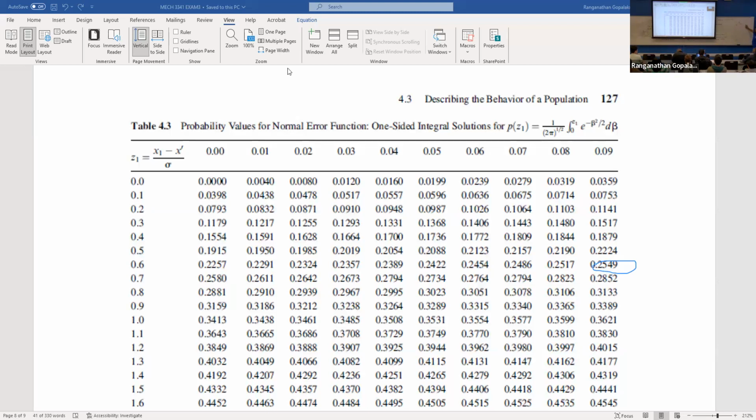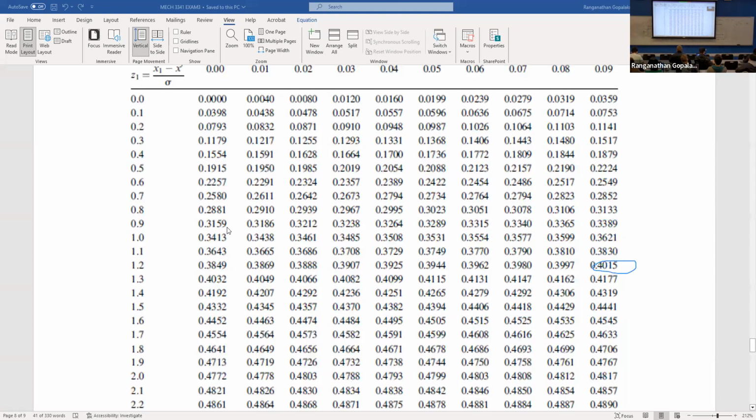So from the table, what is this value? 0 to 1.0 is 0.3413. You can do this for 0 to 2. 0 to 2 will be 0.4772.